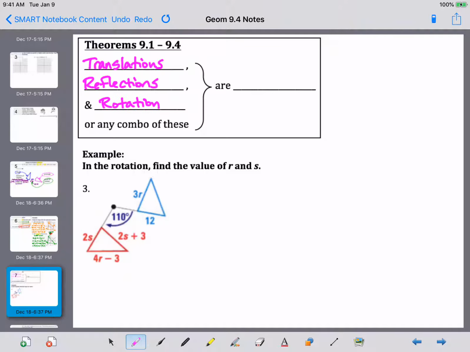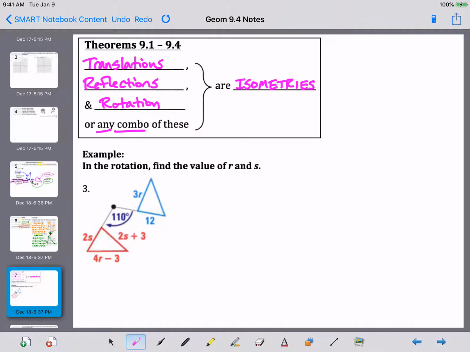And it turns out these figures don't change size. They don't change shape. So it doesn't matter if we do a translation, a reflection, or a rotation, or any combination of 2 or more of those. We call these types of movements isometries, which, if you remember, an isometry doesn't change size or shape.